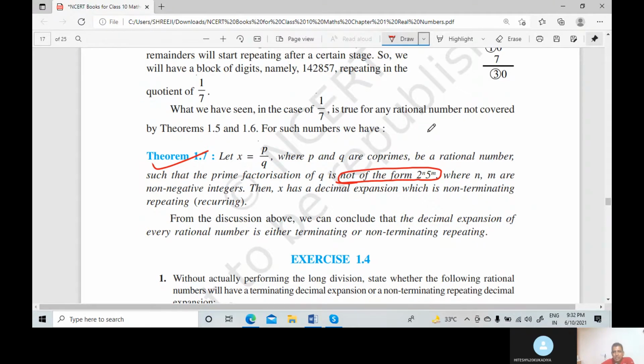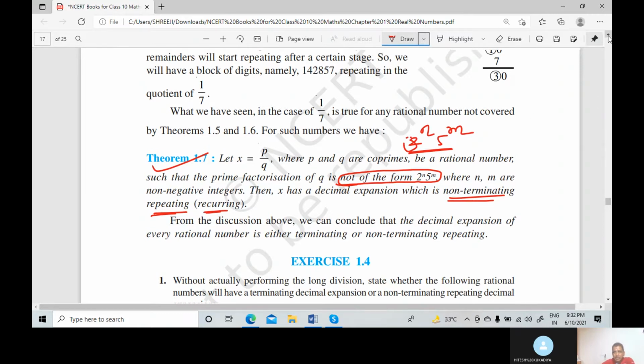Any number of the form 2 raised to n into 5 raised to m, so we can write 2 times 5 is 10, where n and m are non-negative integers. Then x has a decimal expansion which is non-terminating, repeating, otherwise non-terminating recurring. Clear?